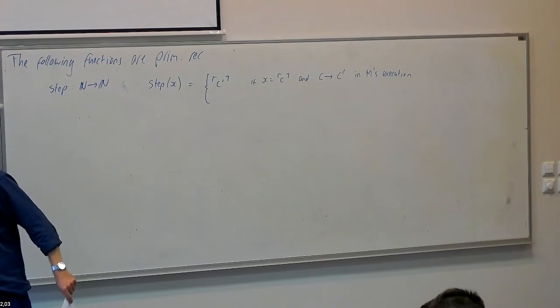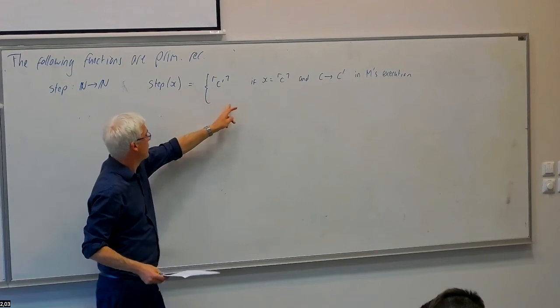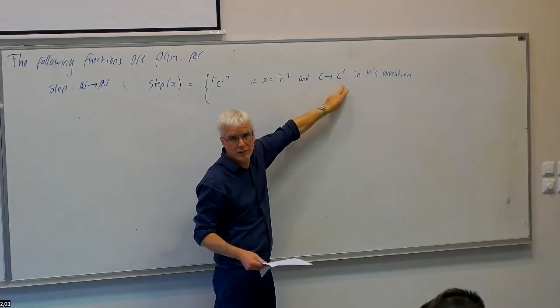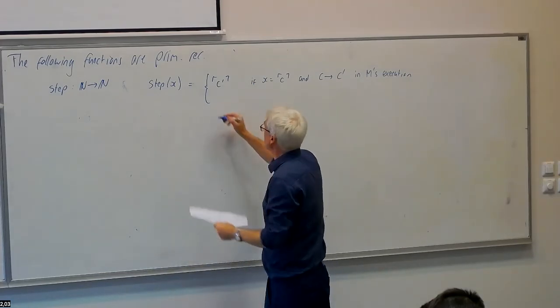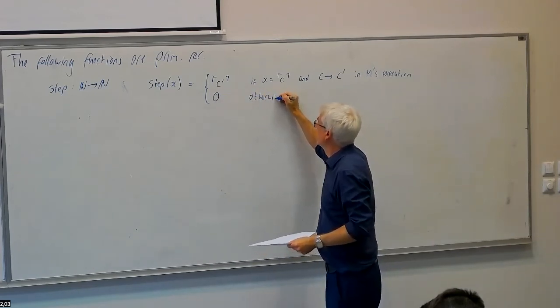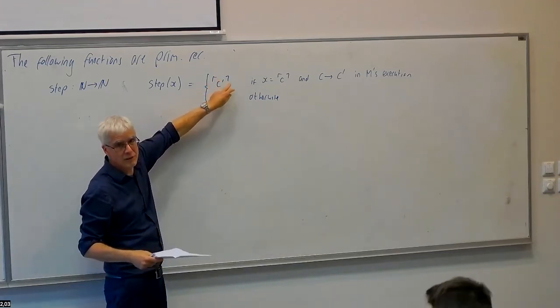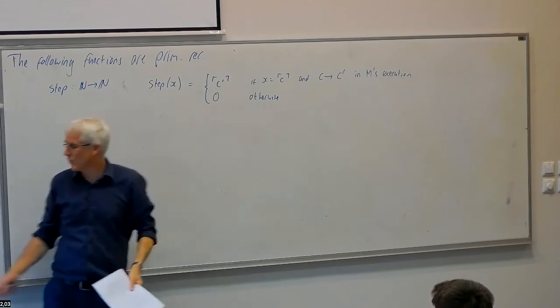It actually does make a step, it doesn't halt at that point. It goes to the next configuration. And then step of x returns, given the starting configuration, the encoding of the next configuration that the Turing machine goes to. And if the Turing machine doesn't go to a configuration, it returns 0. You can tell these apart because the encoding of a configuration is never 0, because the string is never empty, because you always have a head position.